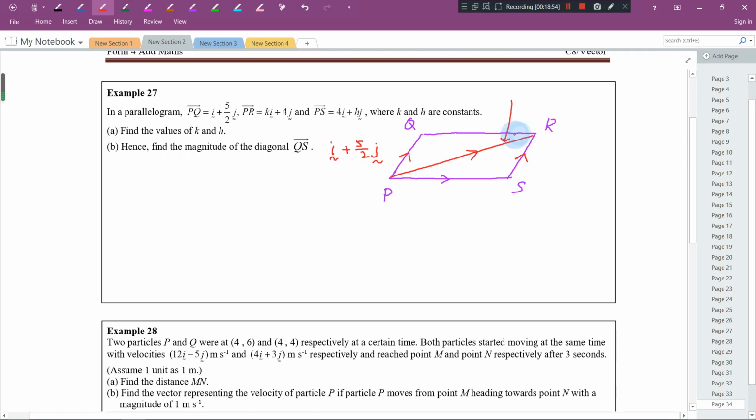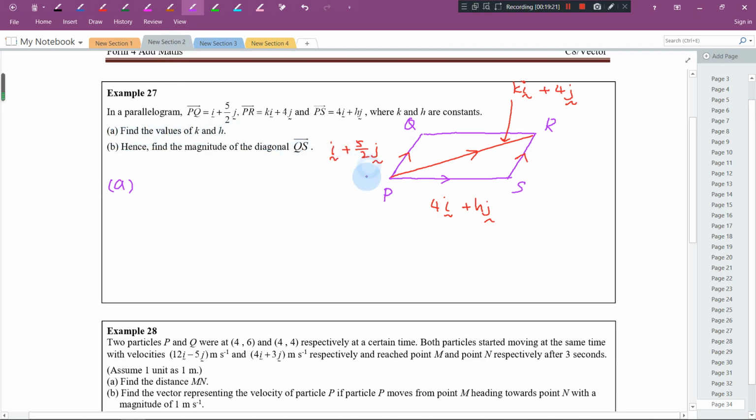This is ki plus 4j. And then I have PS, PS is over here, 4i plus hj. Okay, so I have drawn a parallelogram. Now let's see how we solve the question.